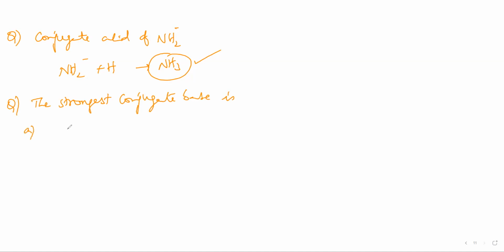SO4 2 minus, Cl minus, NO3 minus, CH3COO minus. Can you determine which option? Option D. Why is it so? Because it's the conjugate base of a weak acid.